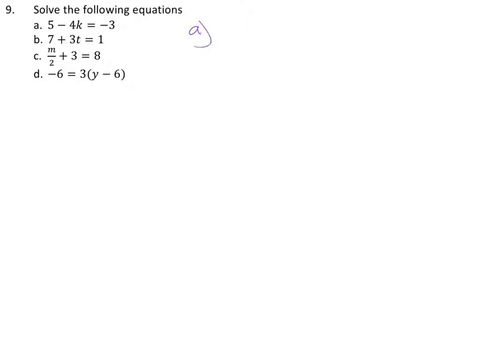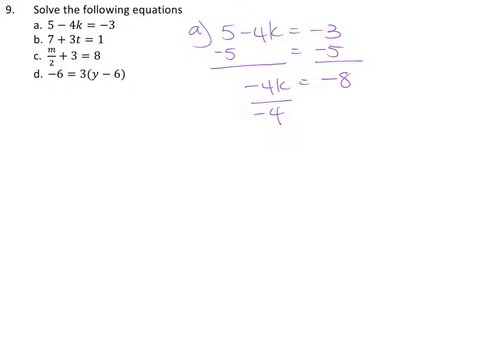So 9a has 5 minus 4k equal to minus 3. We'll minus 5 from both sides, and that will give us minus 4k is equal to minus 8. We divide both sides by minus 4, and we'll get that k is equal to 2.